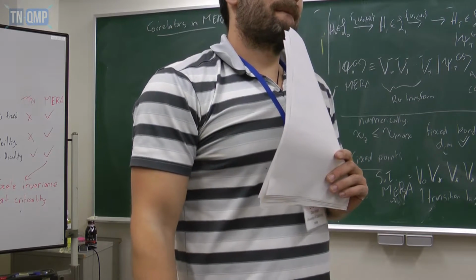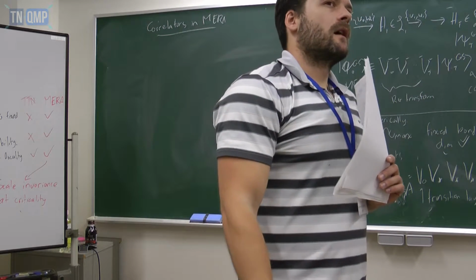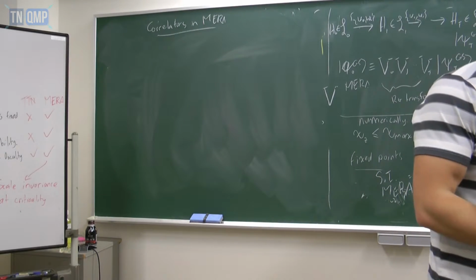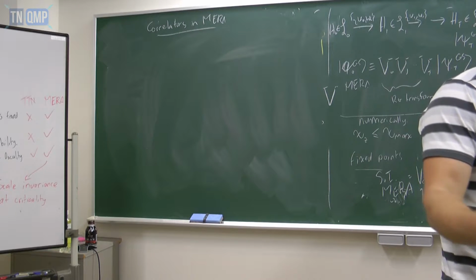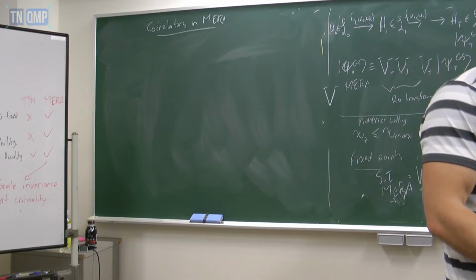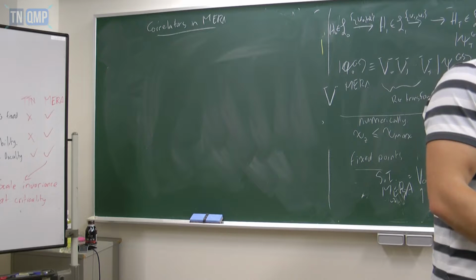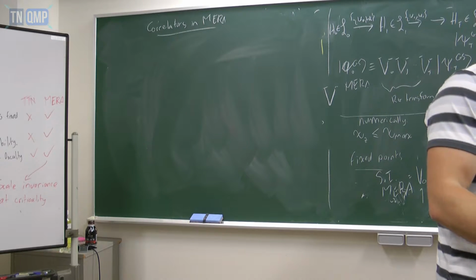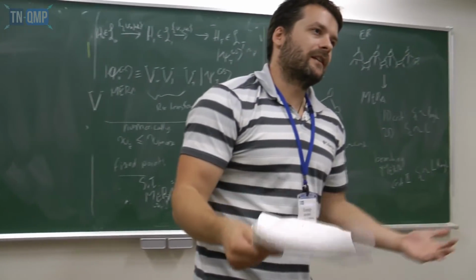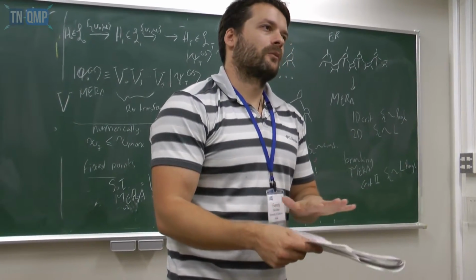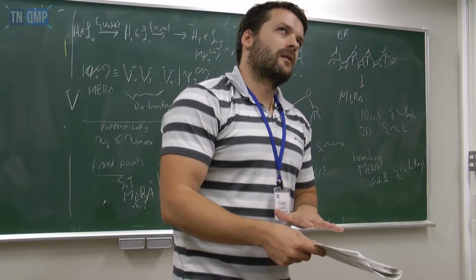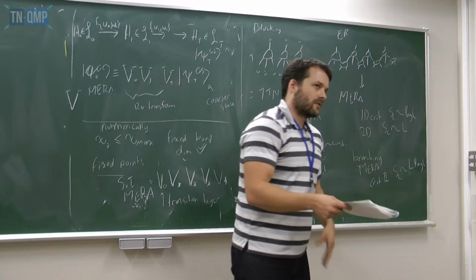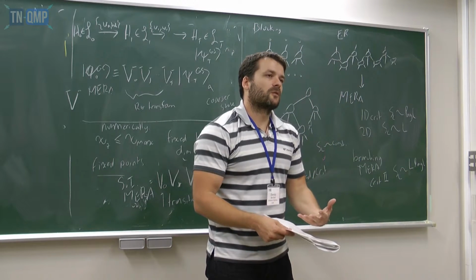Because the fermion is not local, there are very general ways people have figured out for implementing fermions with any tensor network. You just have some bookkeeping to keep track of the fermionic sign. So with PEPs, with MERA, with any tensor network, we have some general way of doing this. The main problem with 2D, which I was going to touch on later, is that computationally the algorithm becomes much more difficult.